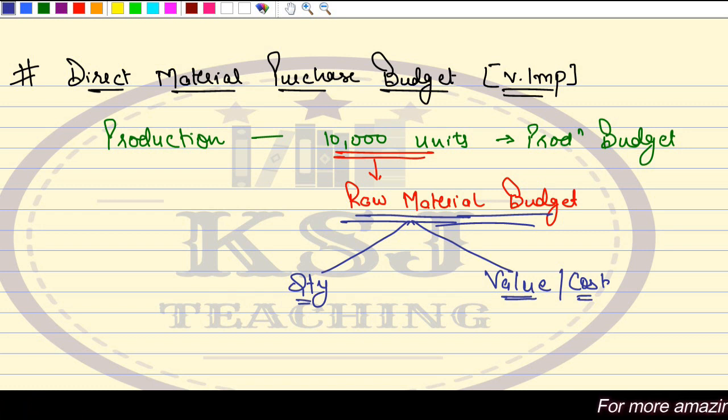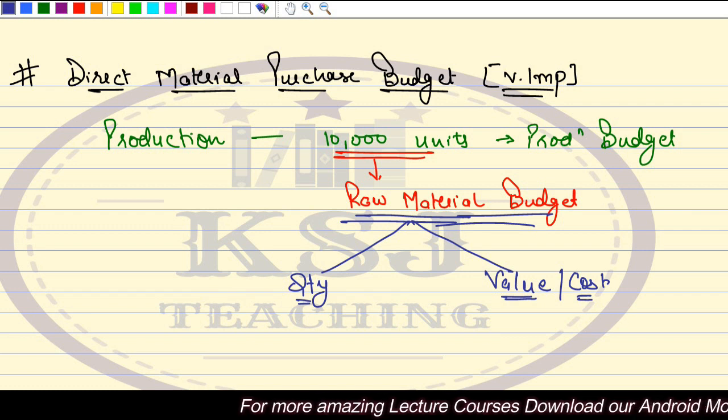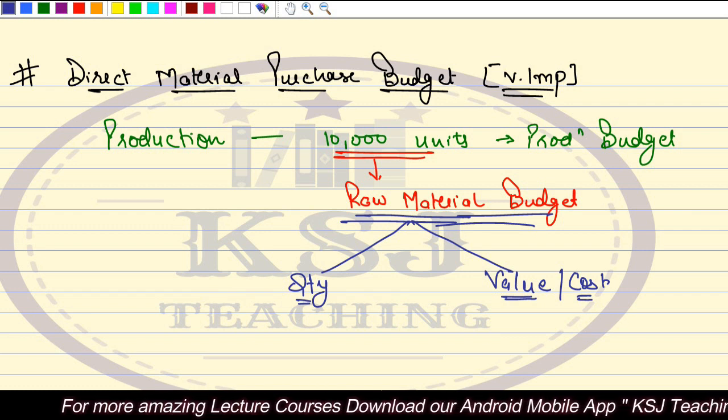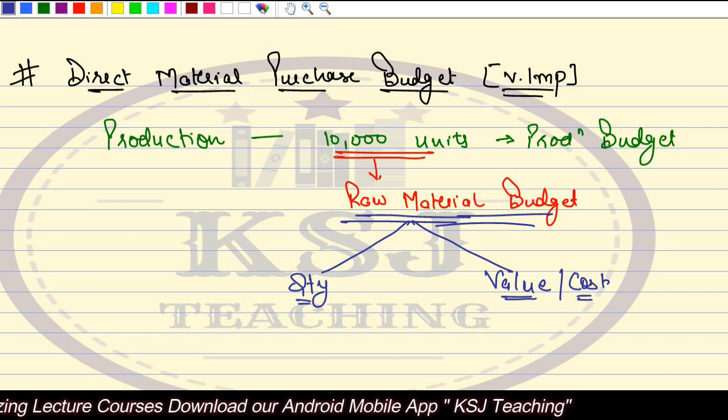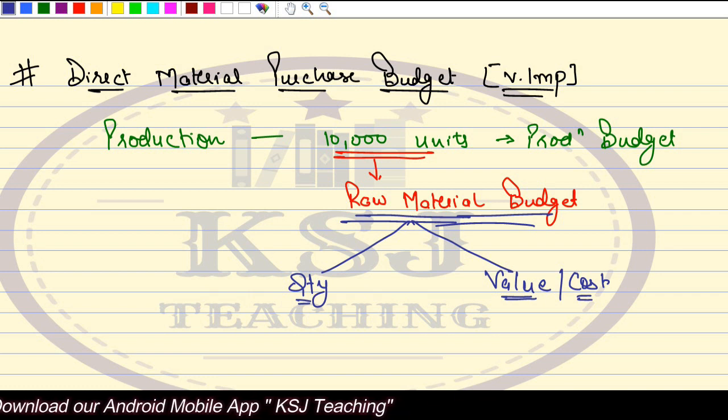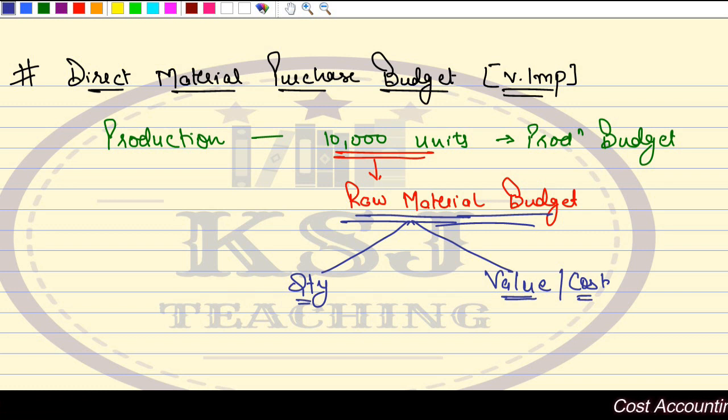If supplier A is giving you the lowest price, but the quality is not up to the expectations, even then you will have to decide, right? So a lot of these answers are answered by the raw material purchase budget, right, sir?